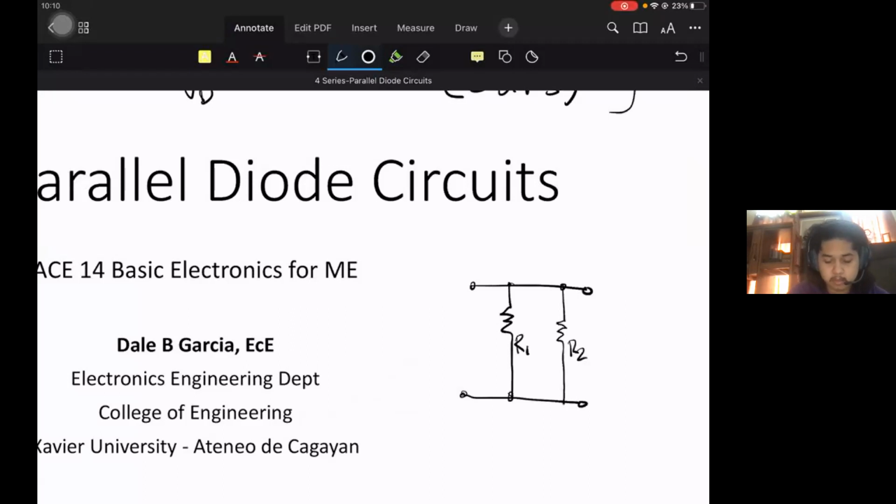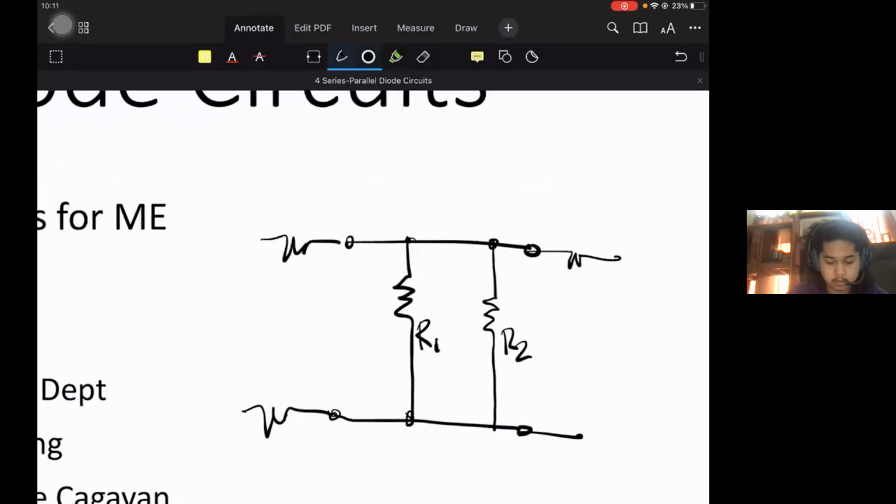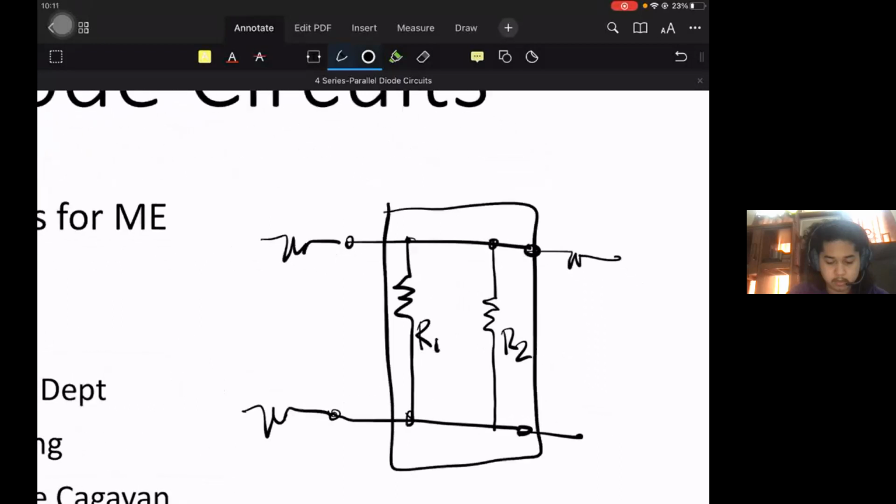We say these two are purely parallel because there are no other components in between them. There is no resistor here or anywhere there. But if there is a resistor here, this is not a purely parallel circuit. But if we only look at R1 and R2, those two are purely parallel.